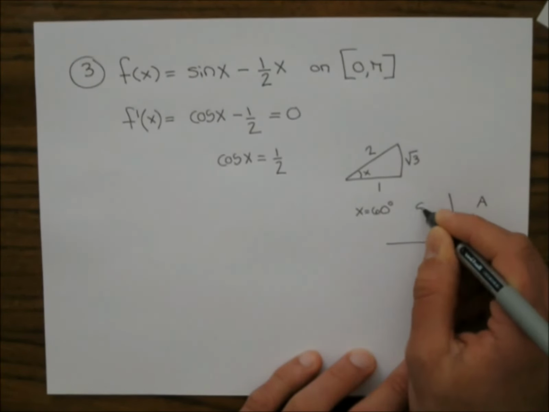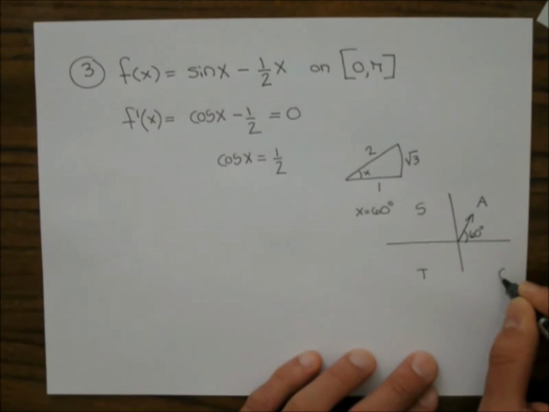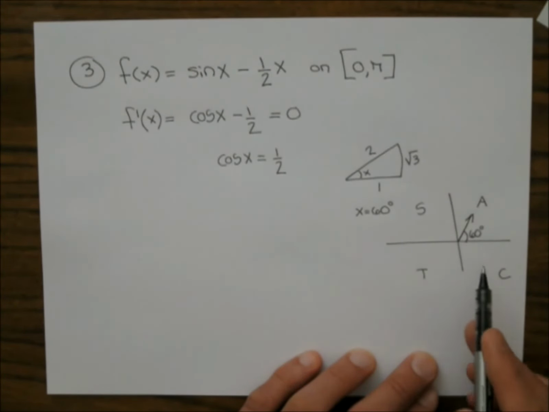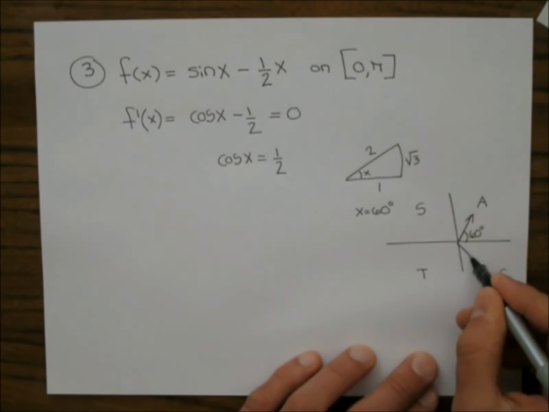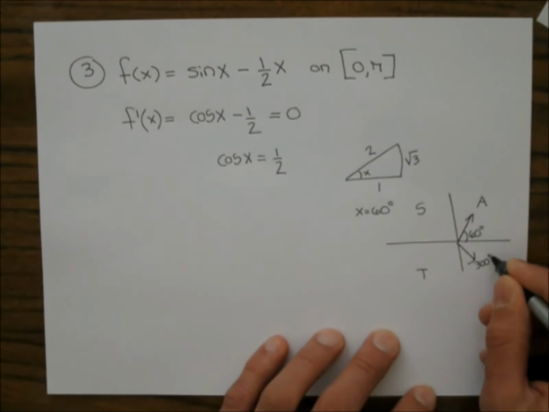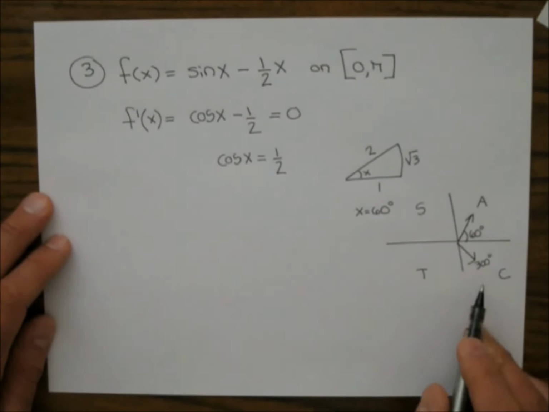All Students Take Calculus, which is a lie. This tells you that the other quadrant where cosine is positive is down here. So this right here will be the other one, which gives me 300 degrees. Now really I should be saying, I'm going to go 60 degrees plus n times 360.